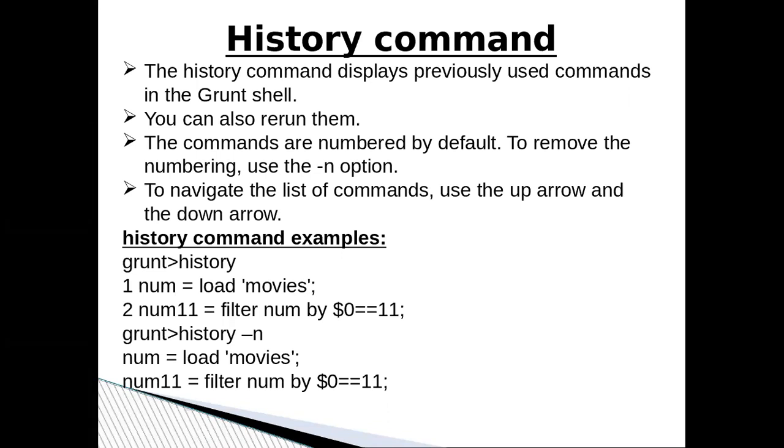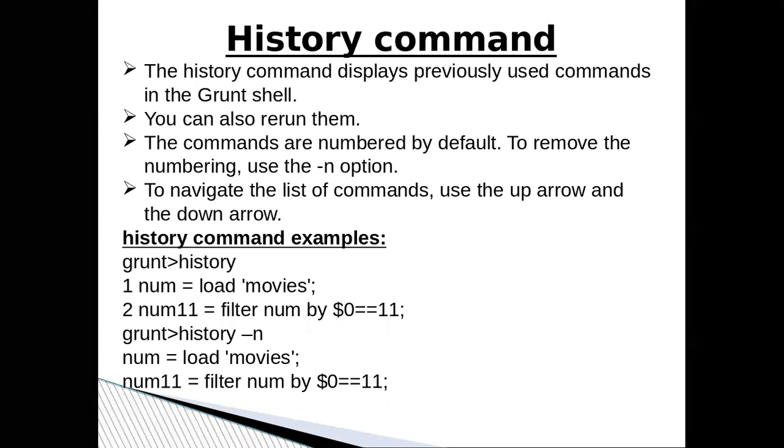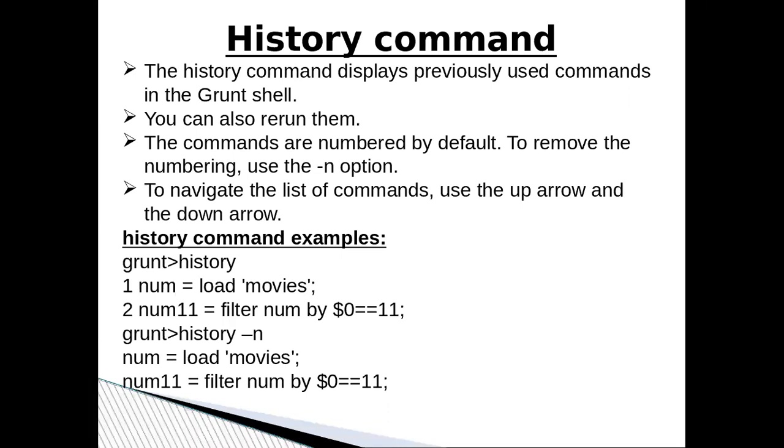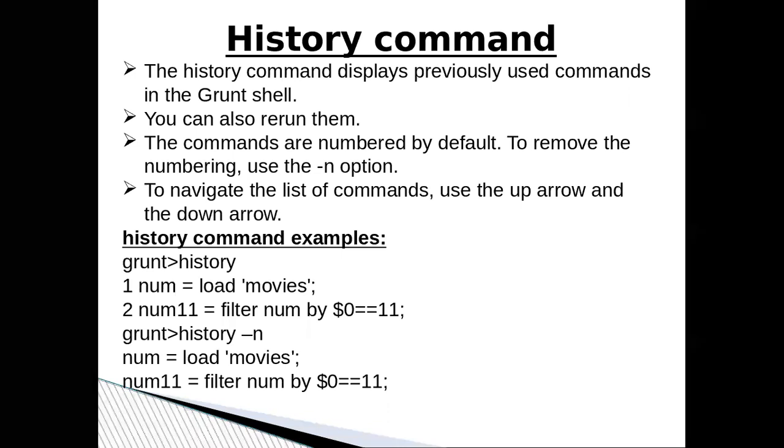And remember, the history command does not include your commands that start with sh or fs. Similarly, dump is not a part of your history, and all the configuration commands are not a part of your history. The grunt shell commands would be a part of the history. So we'll see it when we use the history command in today's session.